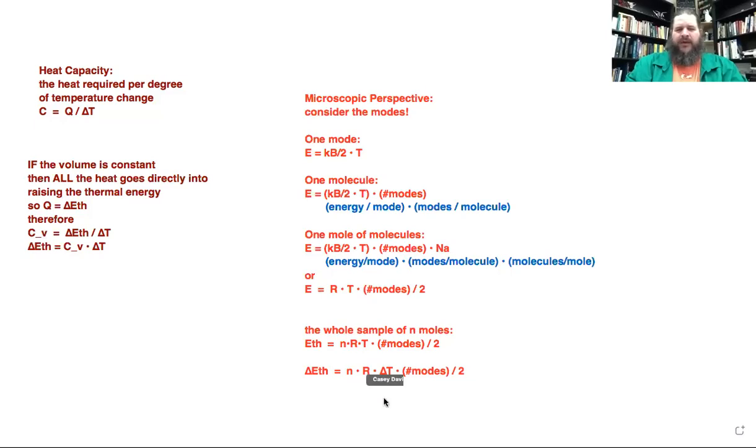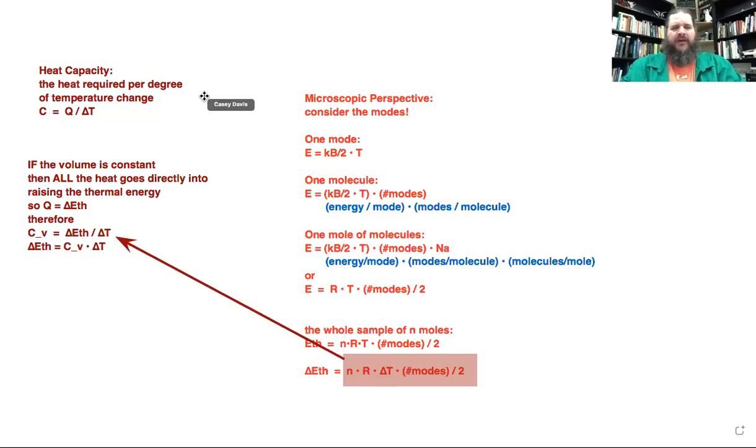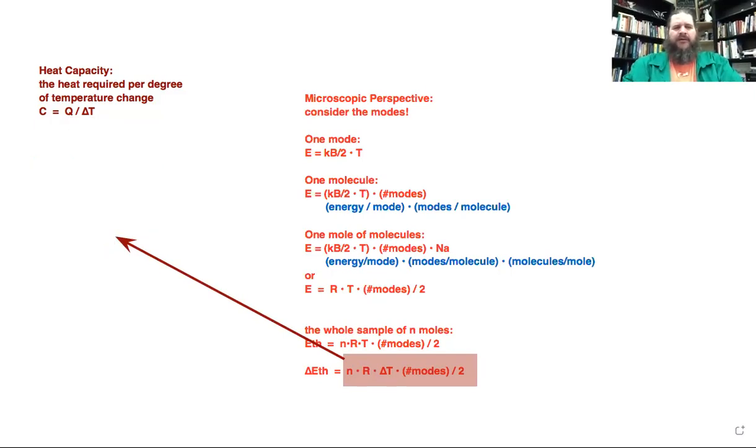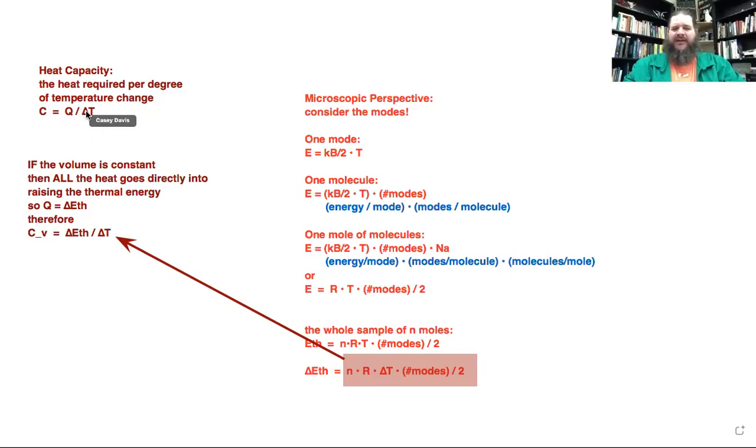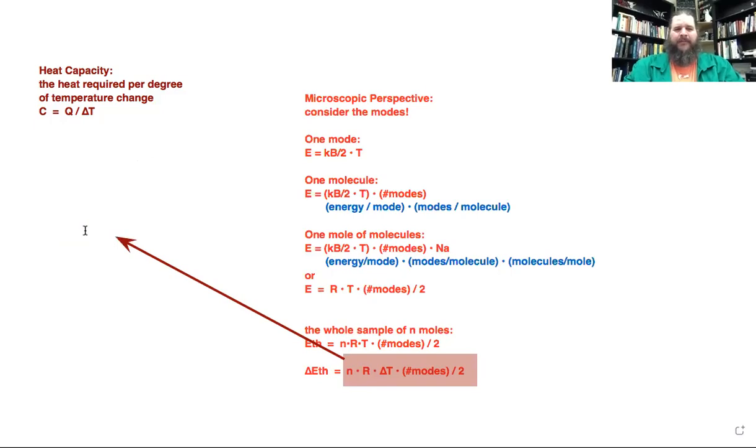What we can do with this formula, now that we have a formula for delta E thermal in terms of all these other useful variables, is substitute it back into our definition of heat capacity in the first place. This formula we can use back here when we were defining heat capacity. And again, we're assuming this is constant volume so that all the heat goes into changing the thermal energy. Because heat capacity is defined as heat over delta temperature, but as long as the volume doesn't change, we know heat is the same as delta E thermal.